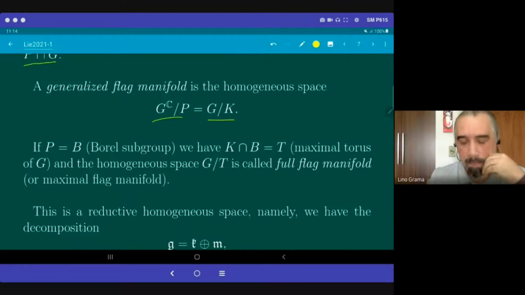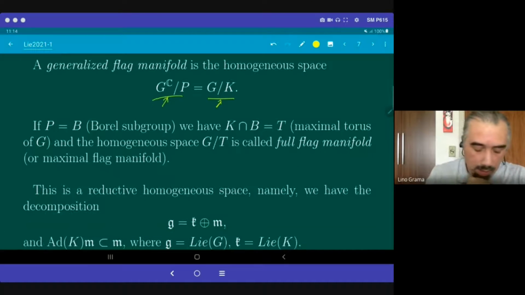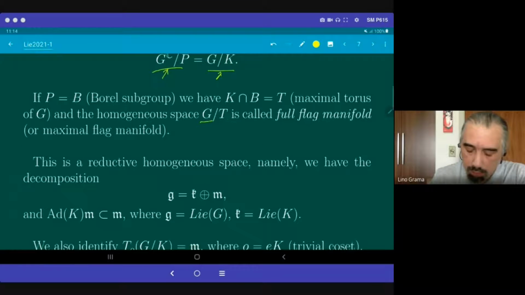Okay, and of course we have a complex structure here that comes from the complex Lie group, and this is a compact homogeneous space. This is very easy to see on this side, and this is complex. Okay. If you pick the parabolic subgroup to be the Borel subgroup, in this case this intersection is the maximal torus, and this homogeneous space is called a full flag manifold or maximal flag manifold.